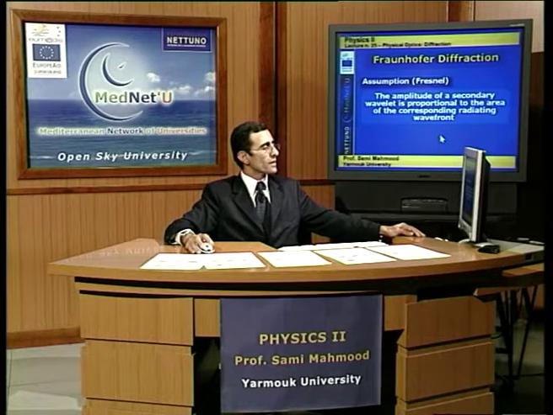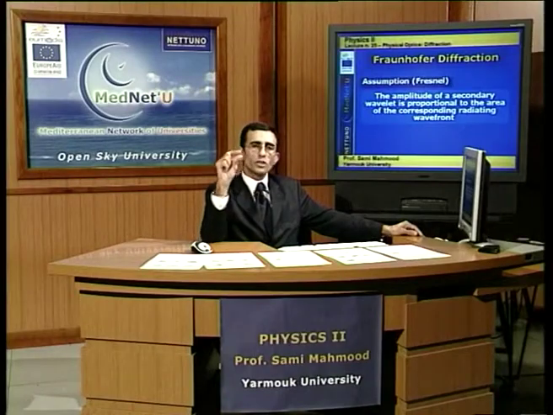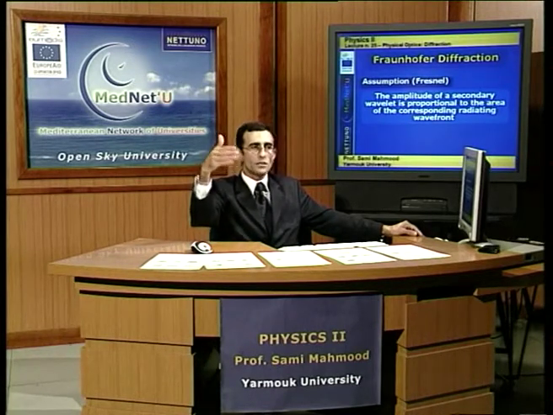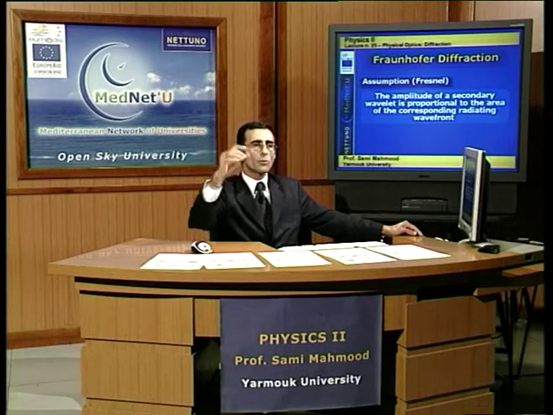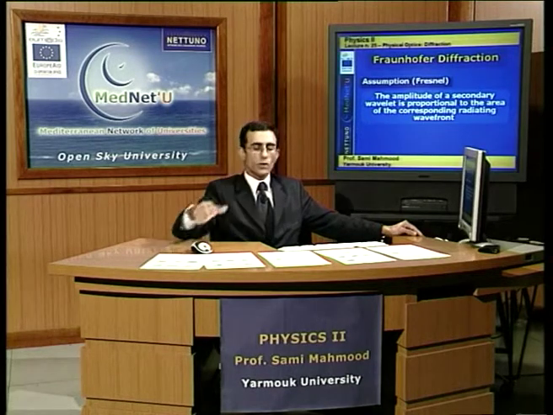And we use the Fresnel assumption. Fresnel's assumption is that the amplitude of a secondary wavelet produced from a given part of the slit is proportional to the area of the corresponding radiating wave front. So if a portion of the wave front is radiating a wavelet, the amplitude is proportional to the area of that part of the wave front.